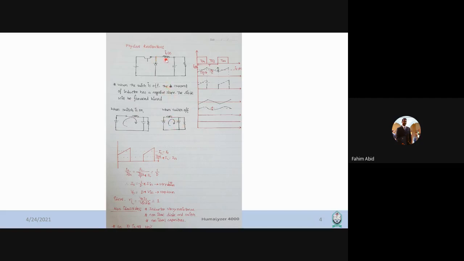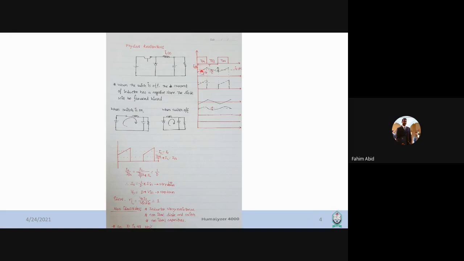Now this inductor L has a special property: it resists the change in the current. So whenever you turn off this switch, the current continues to flow through the inductor.